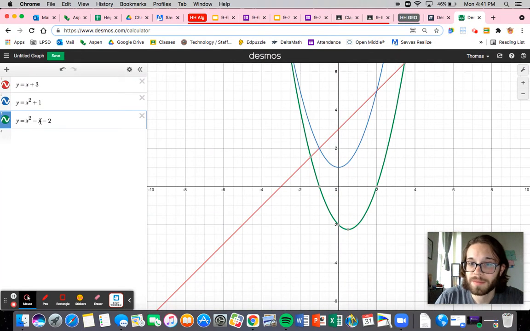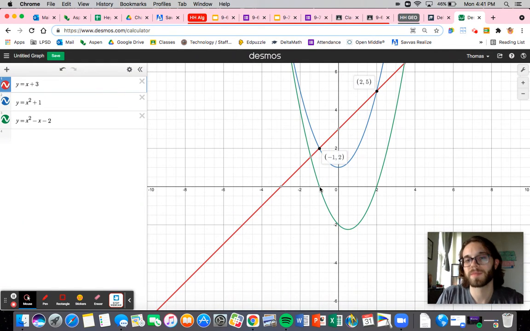There we go. Right? You can see here, this parabola has 2, 0, and negative 1, 0, which is the same as right here, my point of intersection of negative 1. There we have it, right? You can almost see that we've created this new parabola to illustrate my solutions.